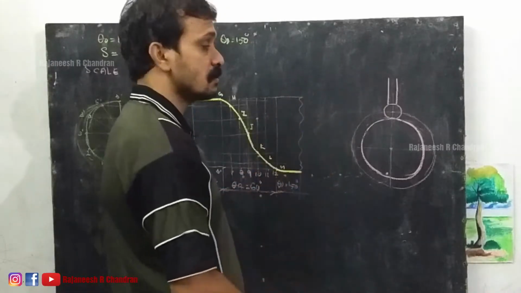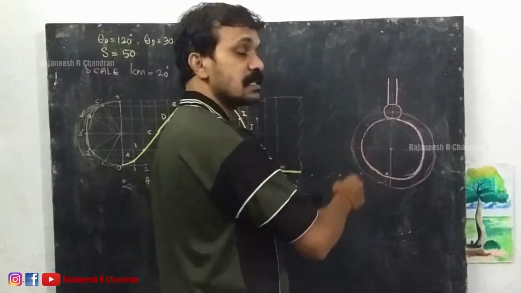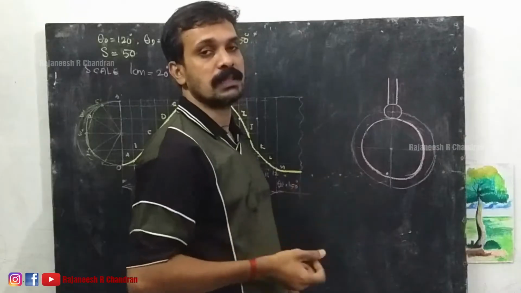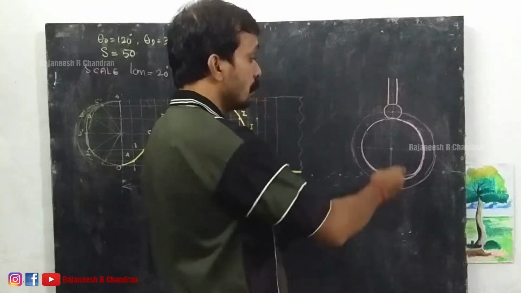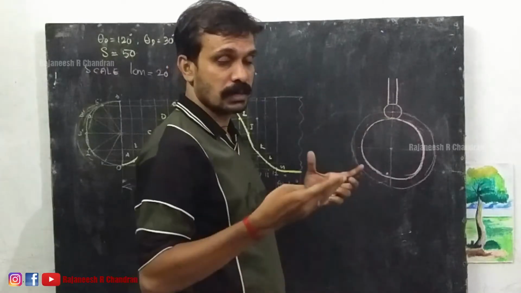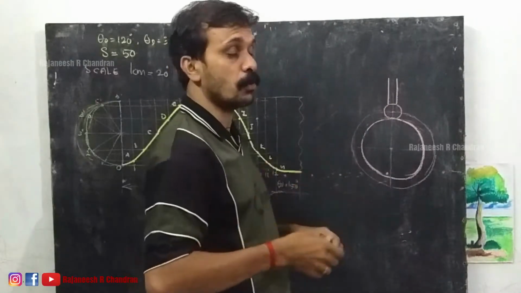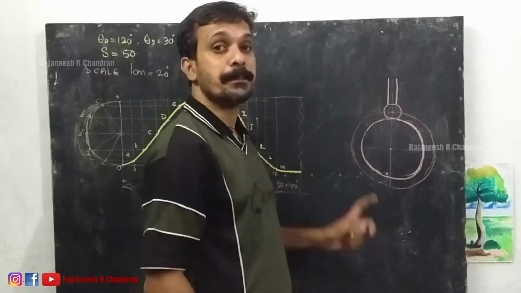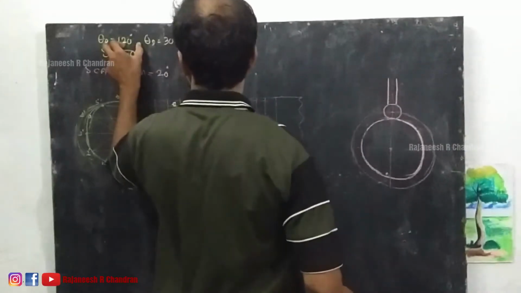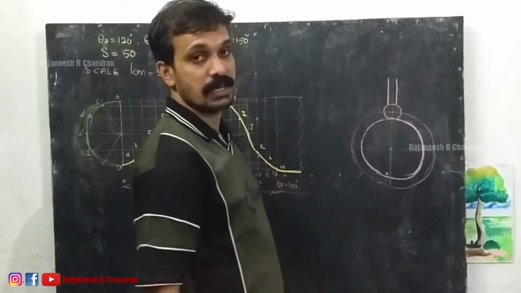So in the previous case we divided the base circle according to the outstroke and dwell like that. But in the case of roller followers, we have to divide the prime circle with 120 degree, 30 degree, 60 degree like that.